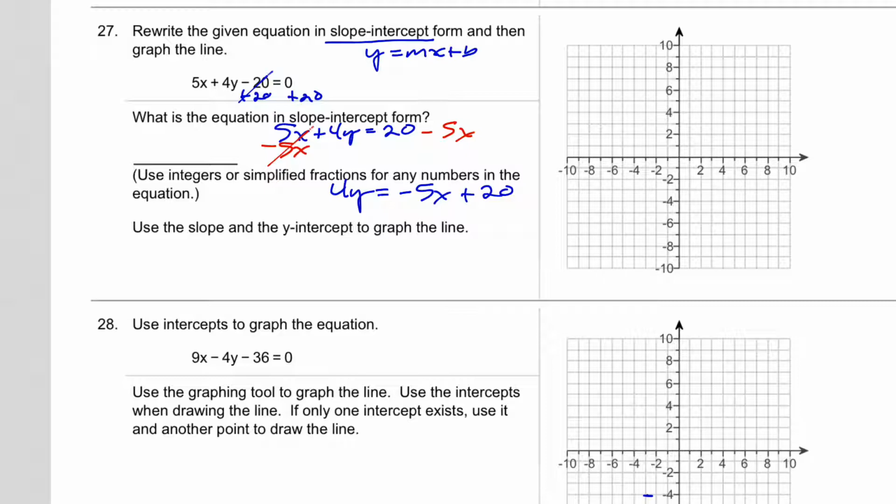And then divide everything by 4, or divide both sides by 4, so that's going to be y equals -5/4 x plus 5, because you're dividing the first term by 4 and the 20 by 4. Okay?